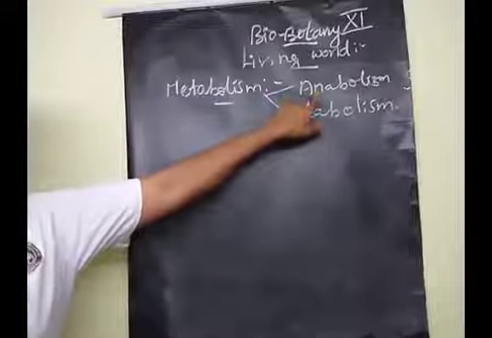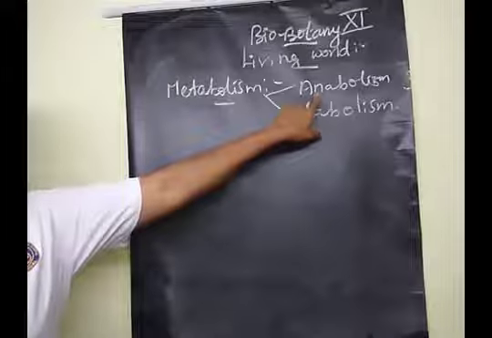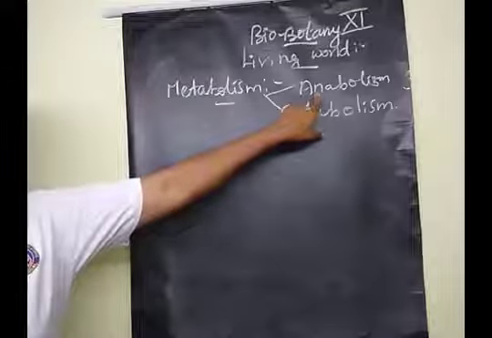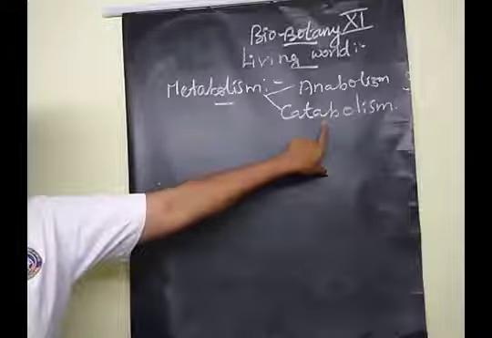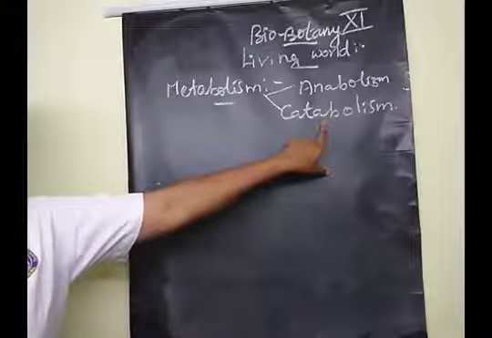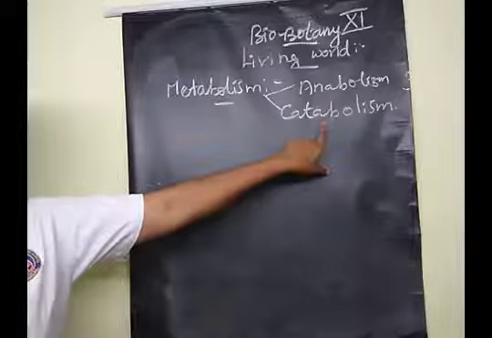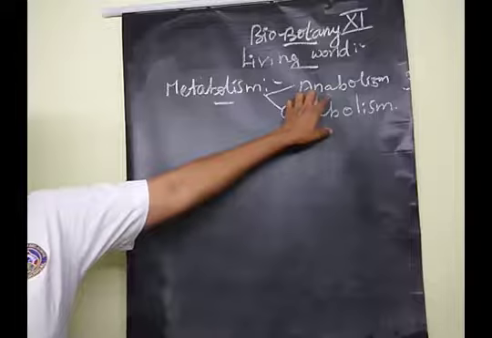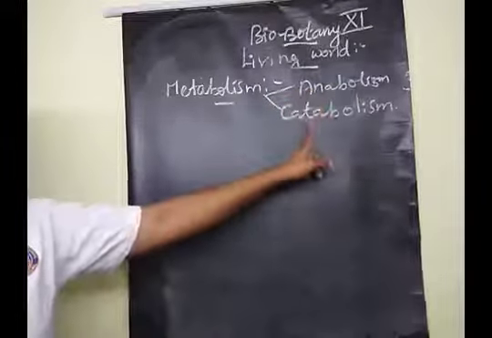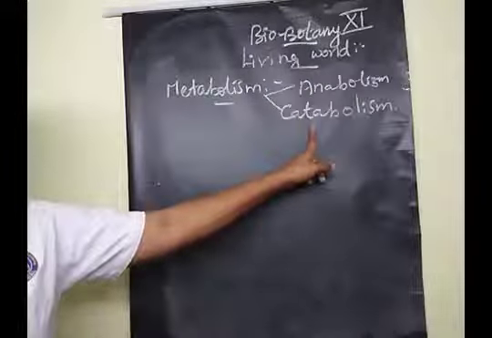Anabolism means a process of production or building. Clear, children? Catabolism means a process of breakdown of molecules. Clear? Anabolism means production or building, and catabolism means breakdown.